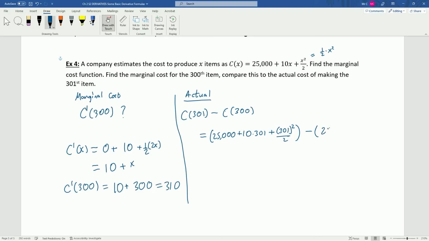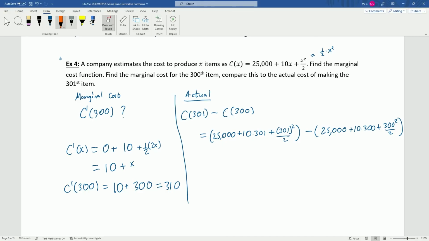Minus 25,000 plus 10 times 300 plus 300 squared over 2. I could use a calculator for this, but I'm going to show you that you can actually get away without using a calculator if you just use a couple little clever algebra tricks.